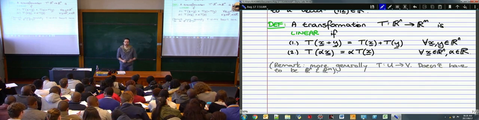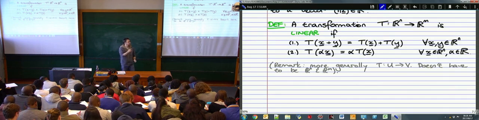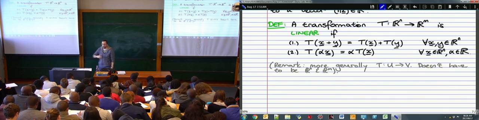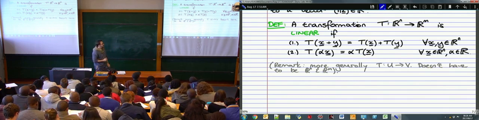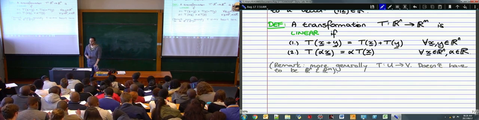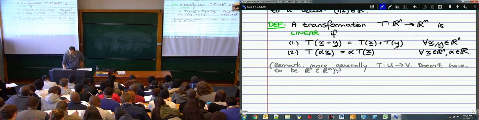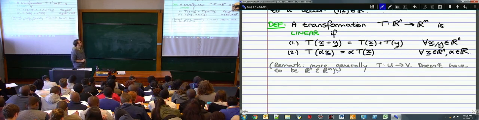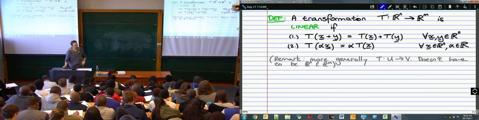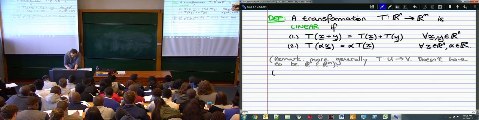At the moment, we'll think about Rn and Rm because we're working with matrices, and linear transformations between Rm and Rn can be represented by matrices. In general, you can't represent linear transformations between arbitrary vector spaces by matrices, but certainly over here we can. So let's just actually make another remark. Linear transformations are nice.